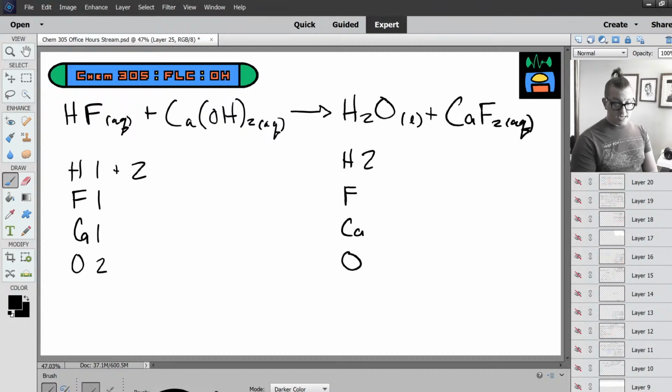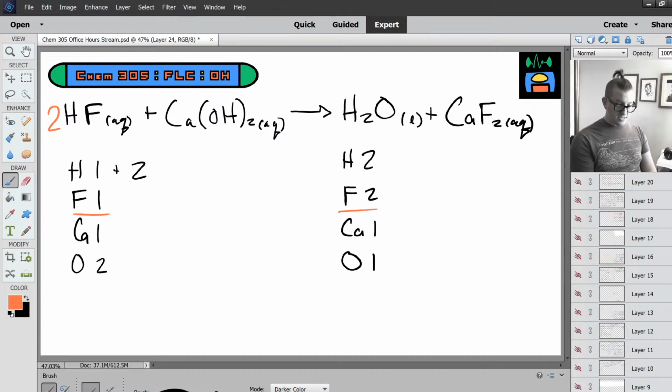Moving over to the product side, there are two hydrogens, two fluorines, one calcium, one oxygen.